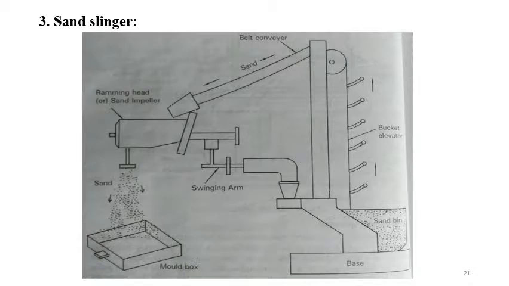In this ramming head, we increase the velocity and pressure of the sand particles, and they fall down to the mold box. Simple mechanism. This ramming head rotates 360 degrees with the help of the swinging arm. Moving in an anti-clockwise or clockwise direction, whatever the required position, you can set it and fill the sand in the mold box. This is the working principle of the sand slinger machine.